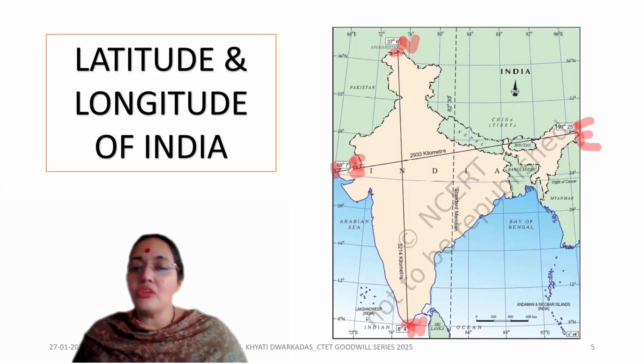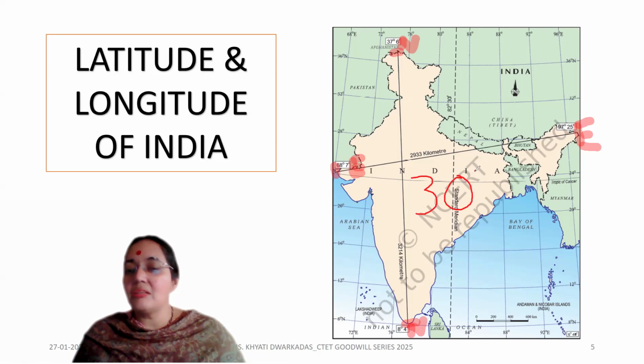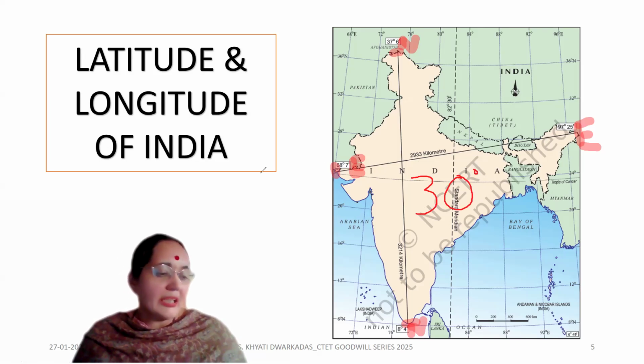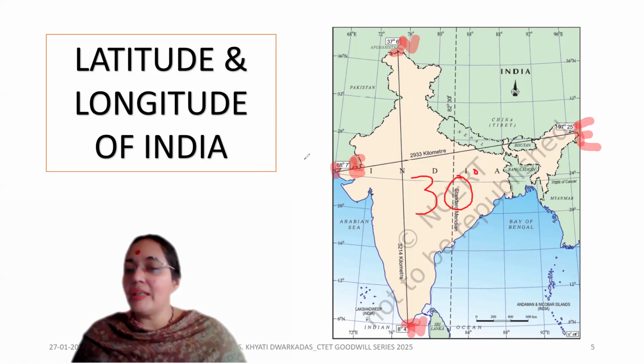Last time we also saw that the distance between the westernmost longitude and the easternmost longitude happens to be 30 degrees, right? That's something we happened to see last time also when we did the time sum. The distance between the easternmost and westernmost longitude happens to be about 30 degrees. That is why we were able to calculate a time difference of 2 hours.